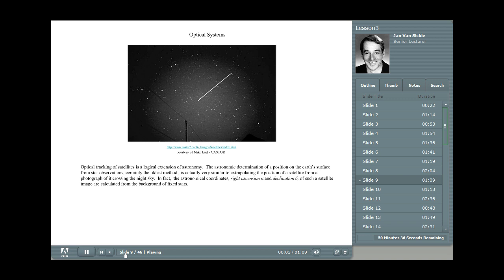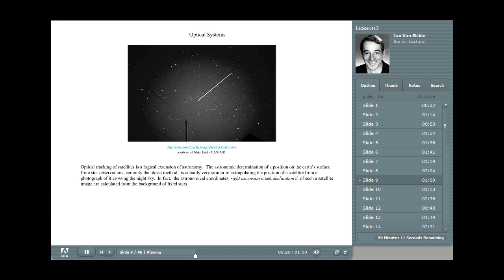Here's a neat picture of a track of a satellite against the so-called fixed stars. Of course, it is possible to determine the position of a satellite in this way, because the stars have known coordinates in the right ascension and declination system.